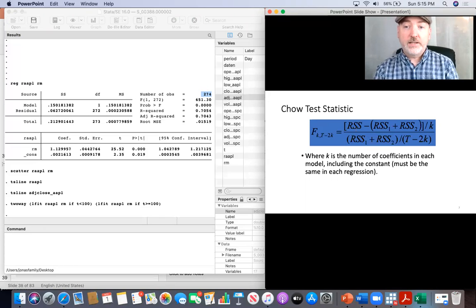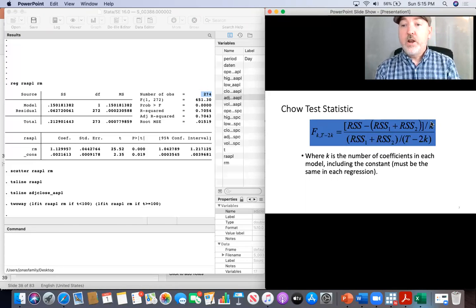So the RSS that we see in that numerator term is the full model estimation. That is the restricted model sum of squared residuals. And then the sum in the parentheses, RSS1 plus RSS2, that combination is the unrestricted model.